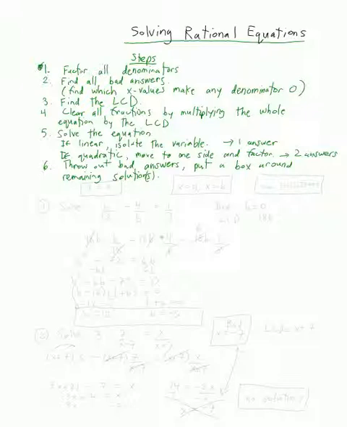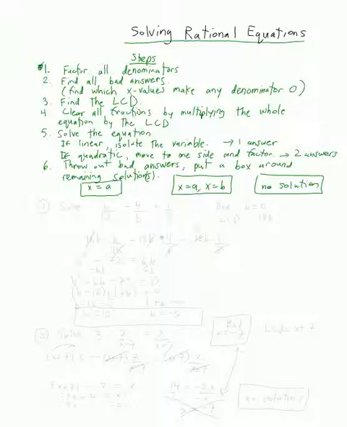We might only have one, we might have 2. Either way, you're going to have either one solution or 2 solutions or possibly no solution. So this is how we write our answer down, either like this or like this or like this.